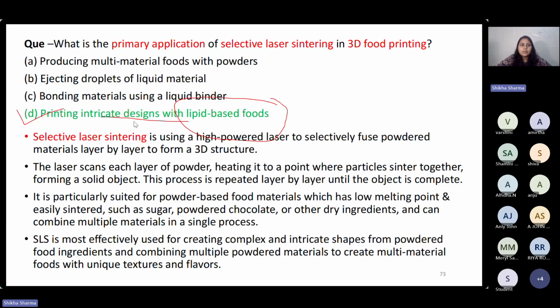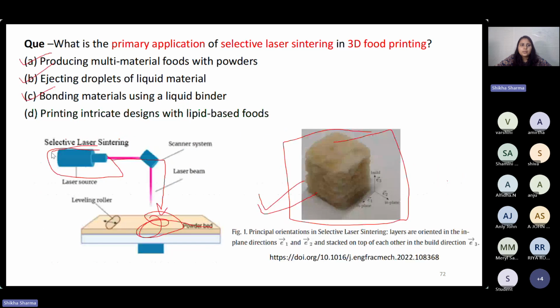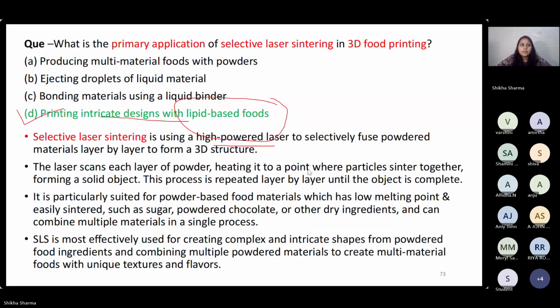Basically, selective laser sintering uses a high-powered laser to selectively fuse powdered materials layer by layer to form the 3D structure. So it uses powder layers.